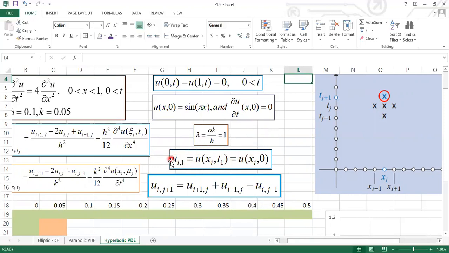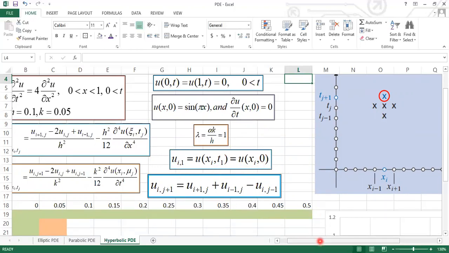You can see the detailed expression from the slides and notes. That expression can be simplified to the expression over here, that u(i,1) would be equal to u(i,0). So it is going to be similar to the first expression.